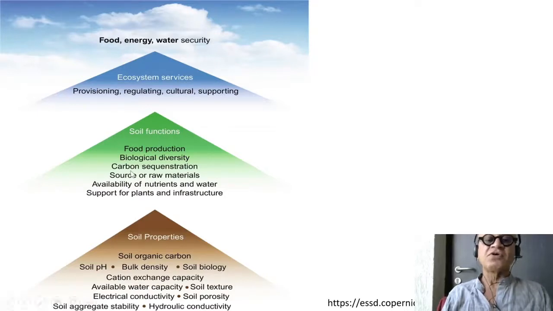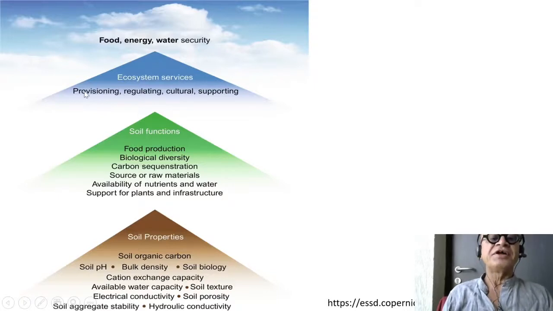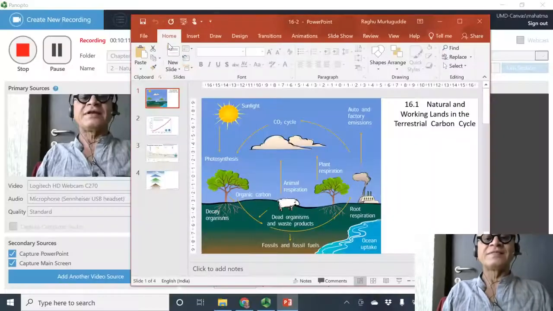Soils serve our livelihoods, right? Food production, biological diversity, carbon sequestration, source of raw materials, availability of nutrients and water, support for plants and infrastructure, obviously, timber and so on, provisioning, regulating, cultural, supporting ecosystem services, eventually supporting the entire system of food, energy, water security, right?